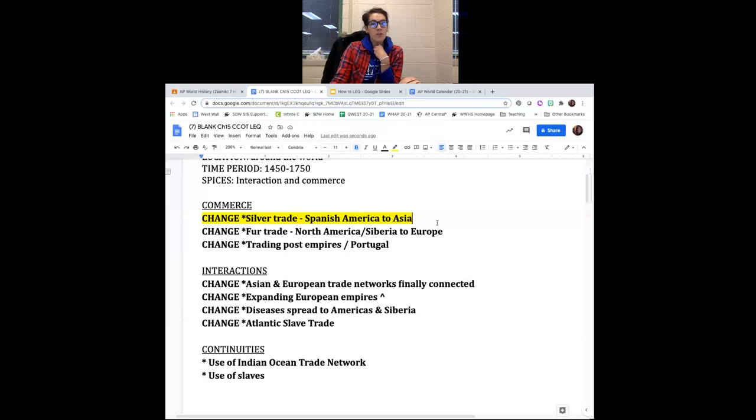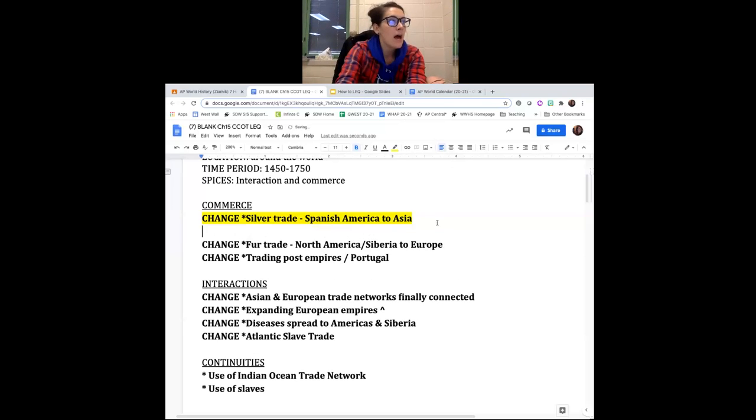And when I talk about the silver trade in my essay, and again, I'm tailoring this to what I already have pre-planned, I am going to talk about this idea that at the beginning of our time period, so 1450, we traded local goods and services.